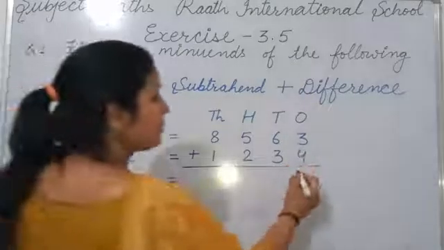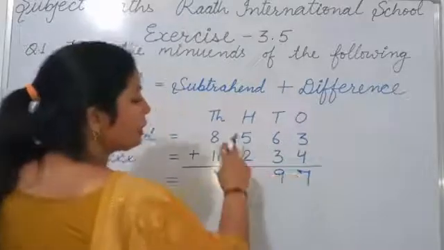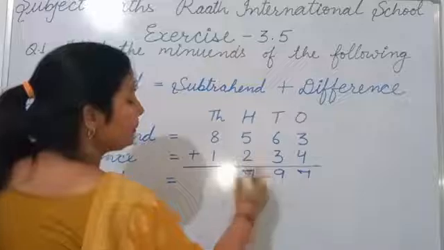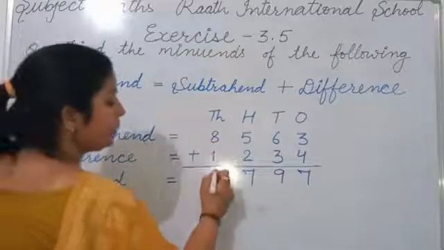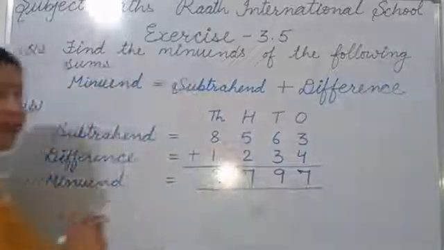So 3 plus 4, 7. 6 plus 3, 9. 5 plus 2, 7. 8 plus 1, 9. So it becomes 9,797.